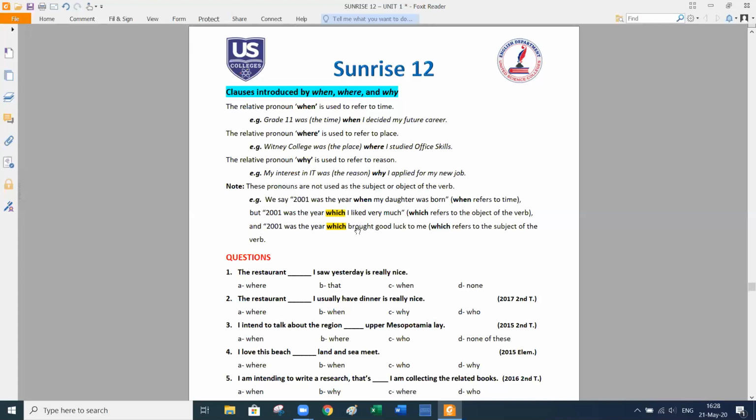So when the relative pronoun is subject or object, we never use when. We can use when when we refer to time, a date.